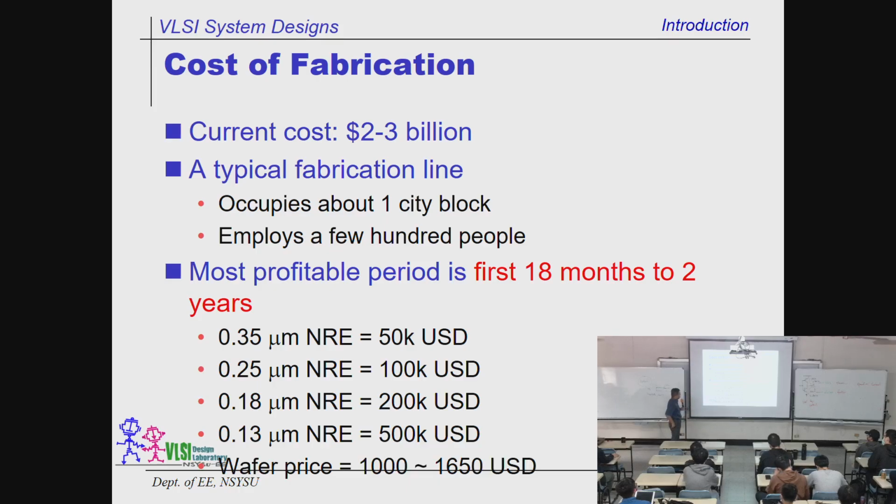Check this one. The fabrication may cost 3 billion. We're not talking about NT dollars, we're talking about US dollars. The production line is one city block, so it demands a larger area. You must be aware that TSMC made an announcement that they want to build a plant in Kaohsiung.